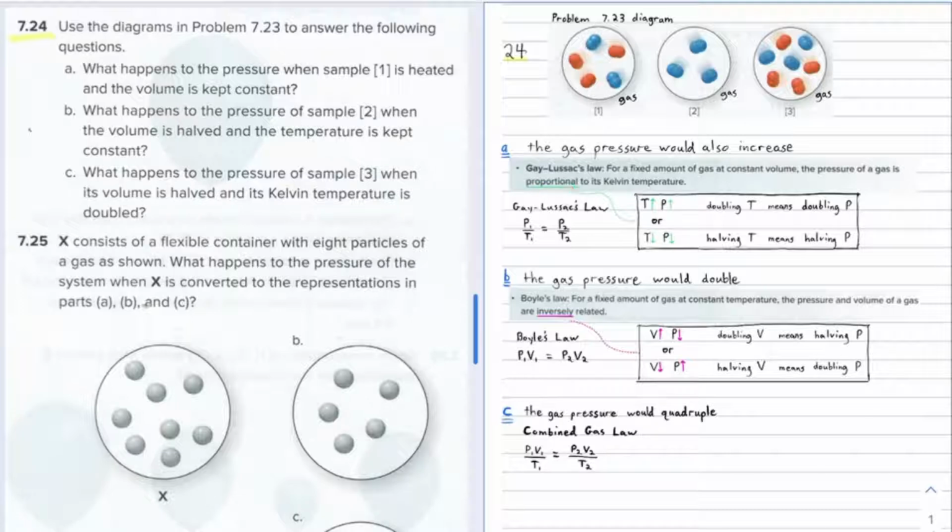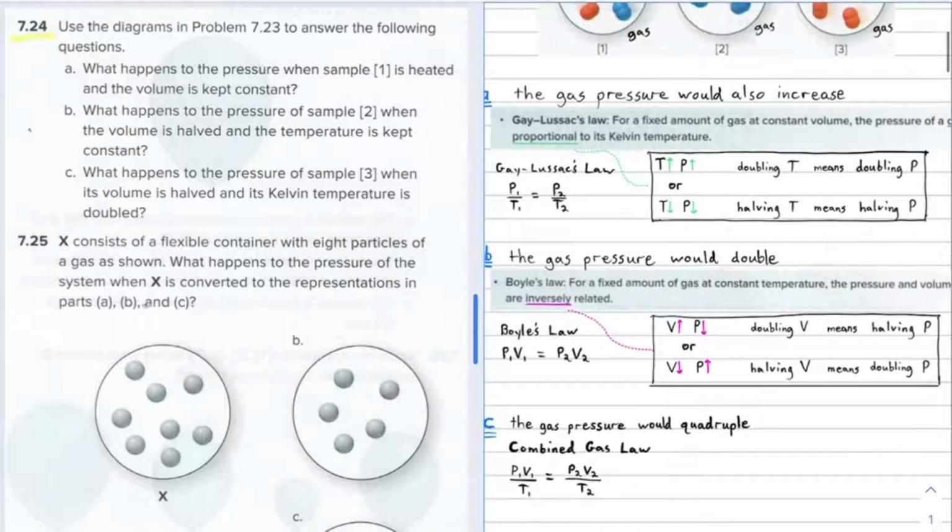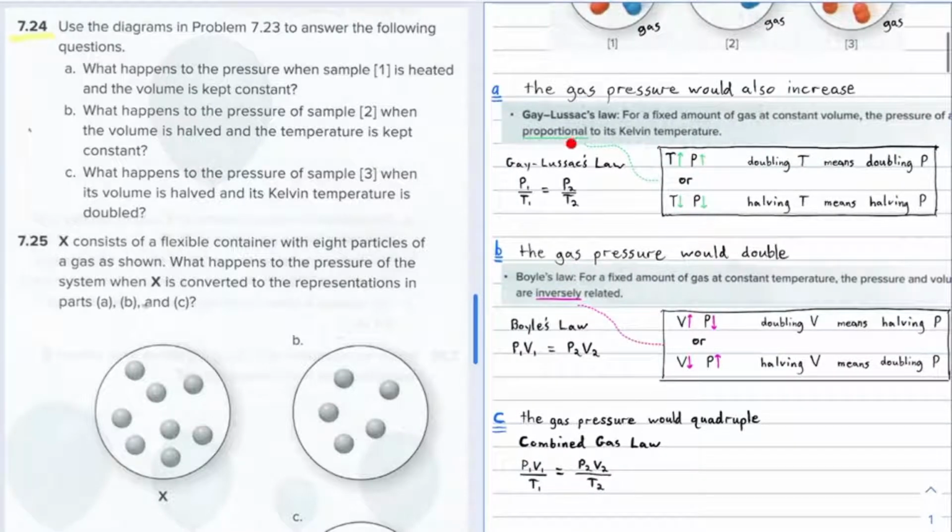Let's blow this up a little bit more. By the way, here's a mathematical form of Gay-Lussac's law, but the more important thing is the word proportional. Proportional means when one goes up, the other one also goes up. So if the temperature increases, then the pressure also increases, and it does so proportionately.